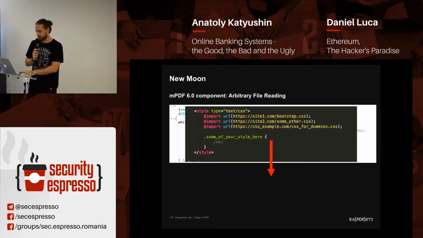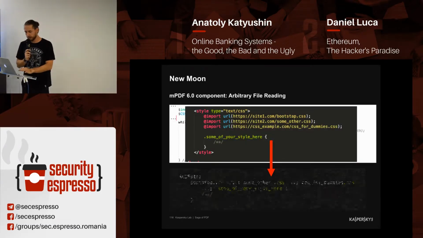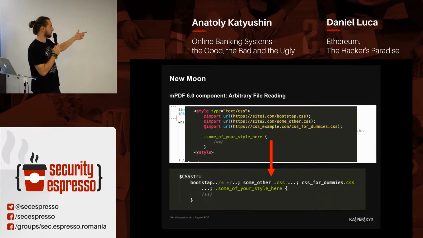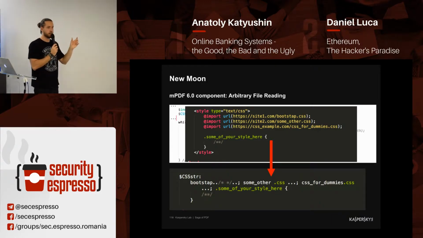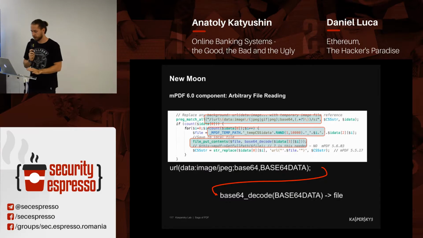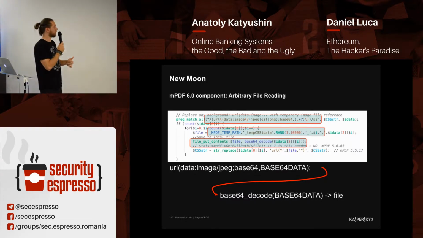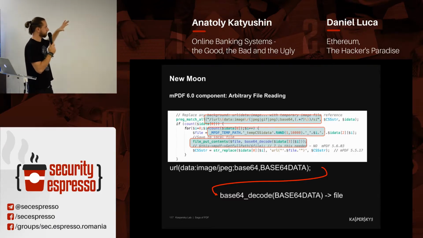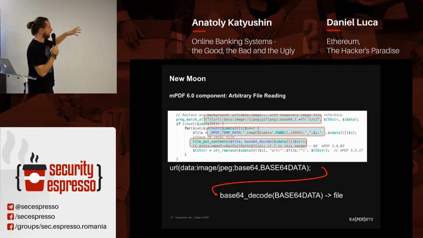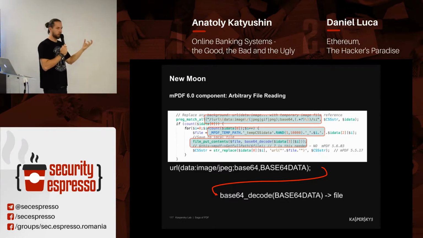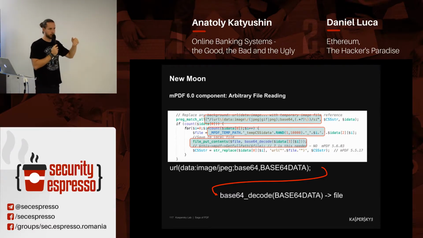It concatenates them into one variable, CSS str. So something like that will look something like this in memory. But the only thing is that they are separated using the space character. Later on, there is such logic that if there is a URL of image pattern in this variable, the data of the image will be decoded and put into some file.